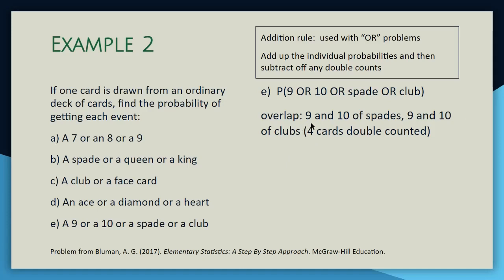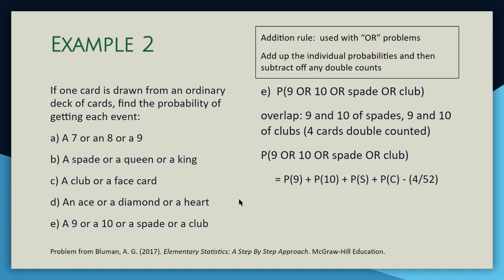So in this case, there are 4 cards that get double counted, the 9 and 10 of spades and the 9 and 10 of clubs. So we're going to split this into 4 separate parts, 9 plus 10 plus spade plus club, minus those 4 double counts. So there are 4 9s, 4 10s, 13 spades, and 13 clubs. So 4 plus 4 plus 13 plus 13 minus 4 is going to be 30 out of 52, or 0.5769.